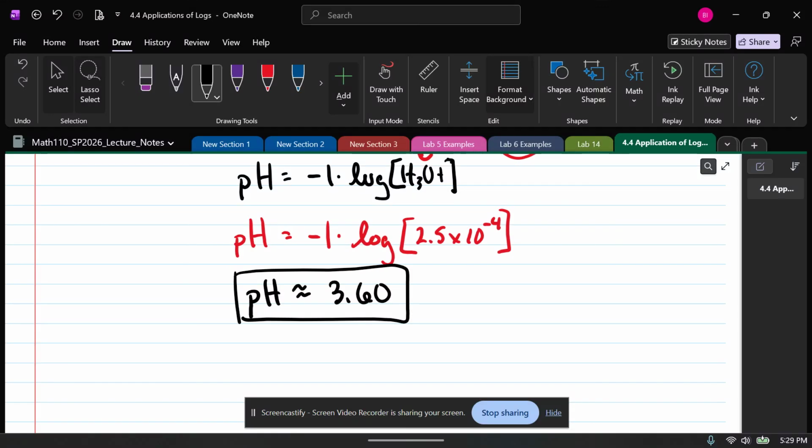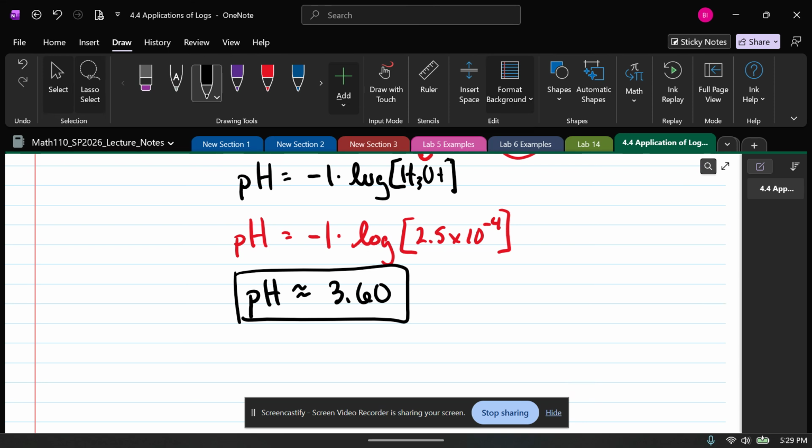So finding that pH value is what we're doing to start off with. That's not always what we're going to do, but it's what we did for this first problem. I'm going to look up the pH scale because I can't remember it. It's been a while since I had science and we had to do pHs. There it is.